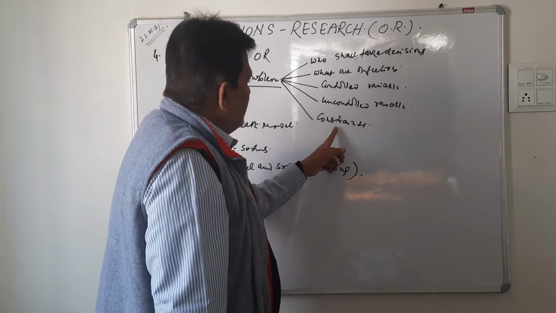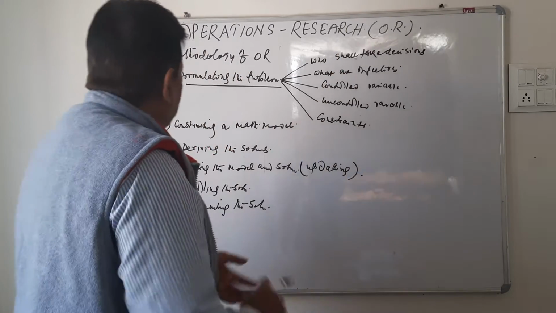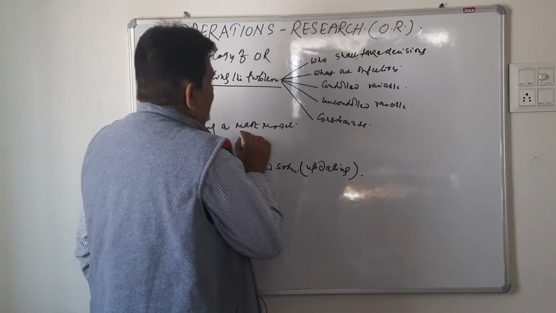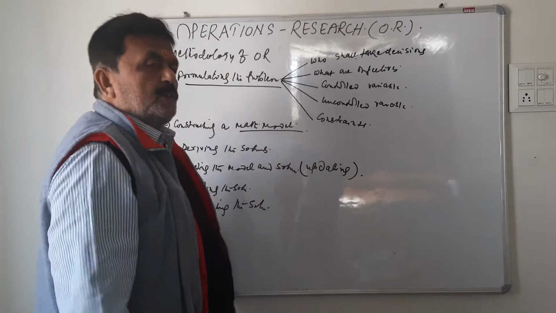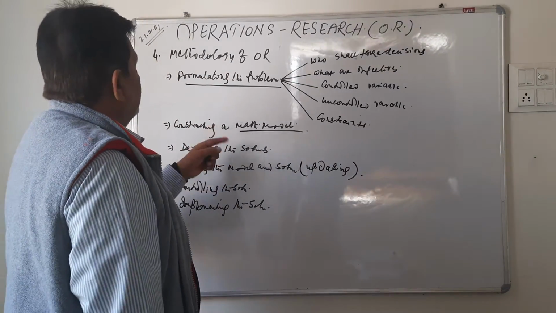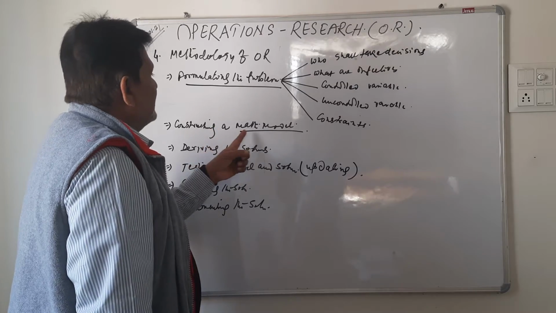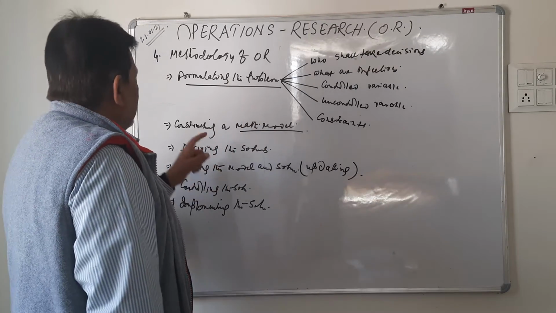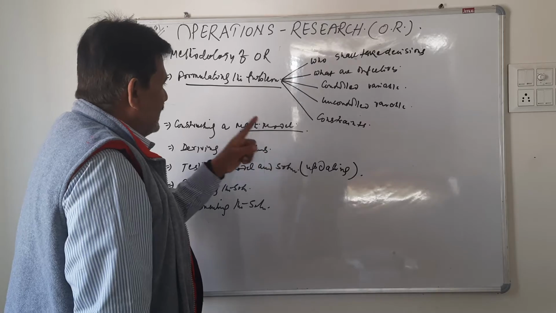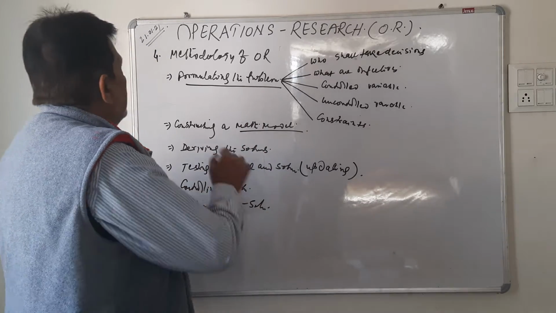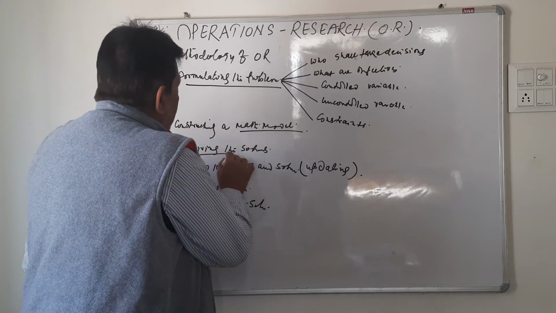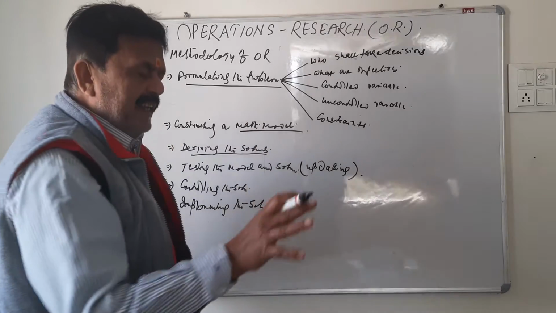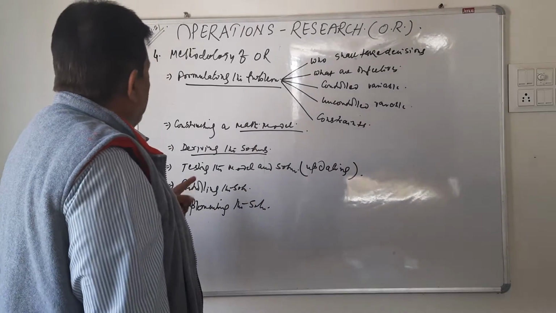When the OR team is in possession of this information, next they construct a mathematical model which is to be investigated by the OR team. So the second step is that the team makes a mathematical model. Thirdly, when the mathematical model has been formulated, solutions are obtained through various techniques that we shall deal with.